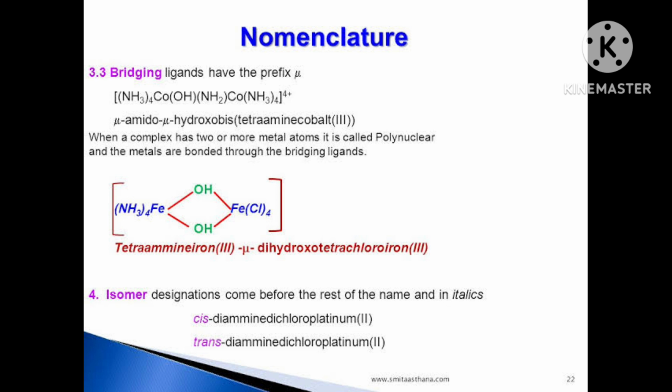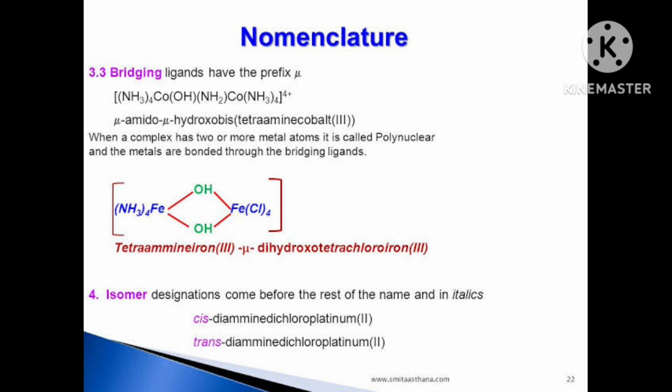Then X is equal to +5 -1, means +4. In this way, if you know the charge on the ligands, and the total charge on the complex ion, that is equal to whatever it is. Then easily you can calculate.